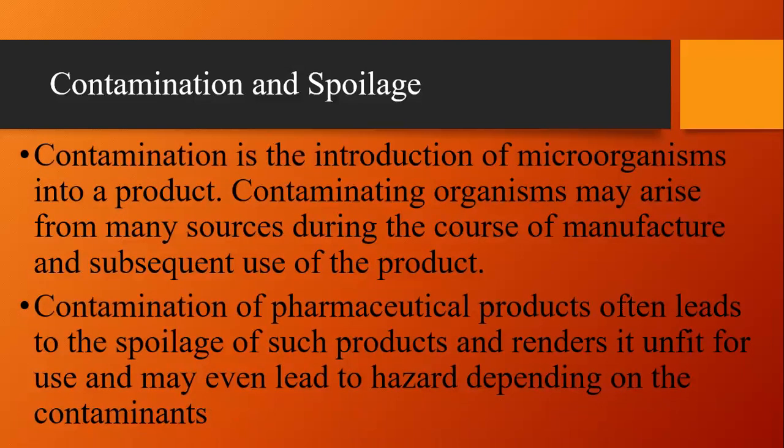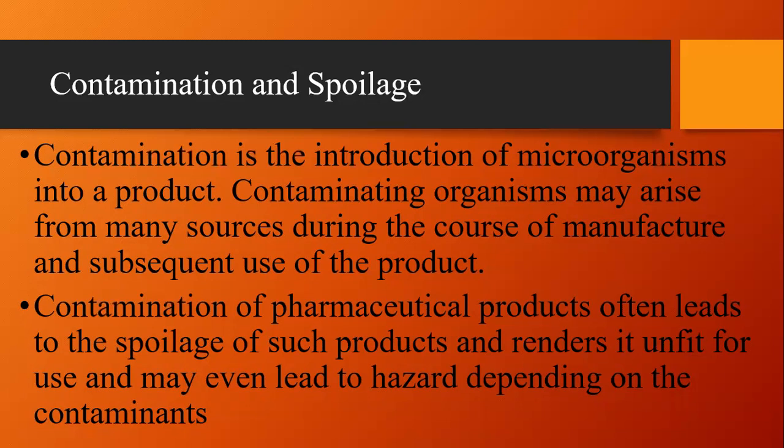Contamination and spoilage. Now, before a product can be spoiled, the product has got to be contaminated. A pharmaceutical product doesn't get spoiled unless it has been contaminated by organisms. And so, contamination is the introduction of microorganisms into a pharmaceutical product.